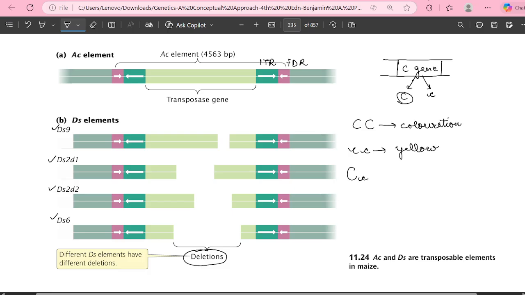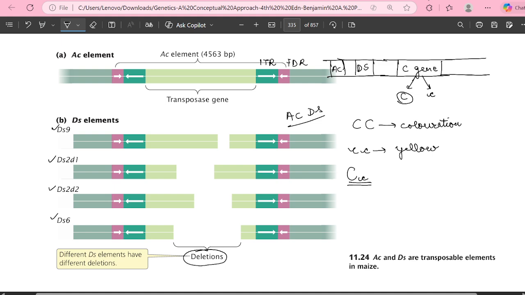And when it is capital C small c, that is when the interference of AC and DS elements takes place. Along with this C gene, in the same genome there is an AC element and also a DS element.